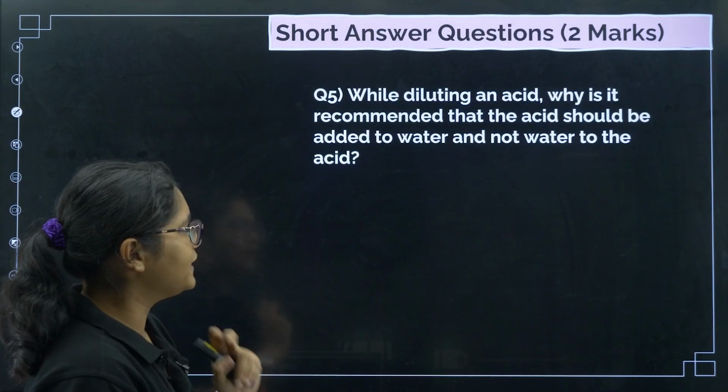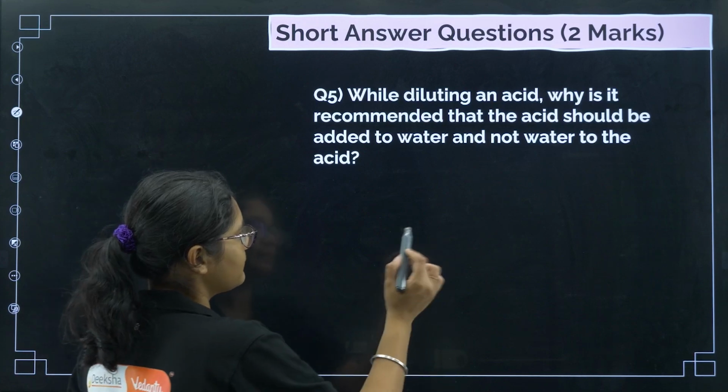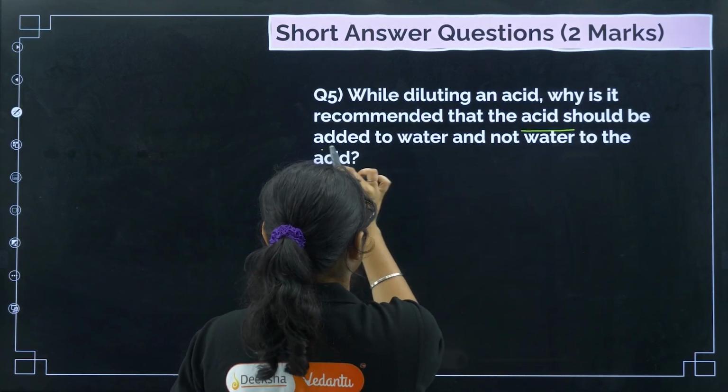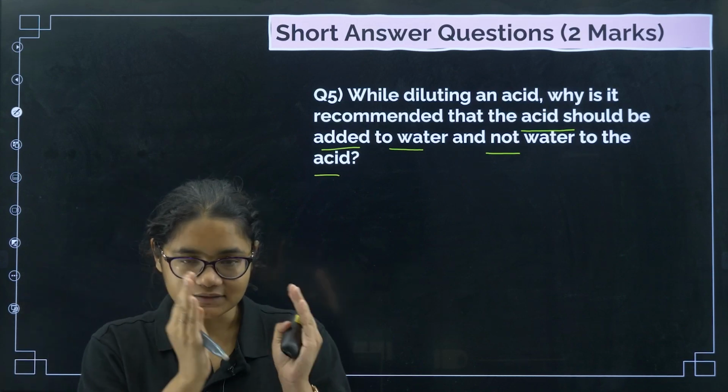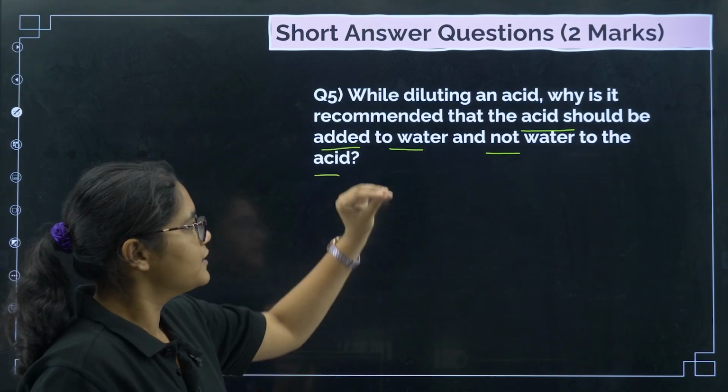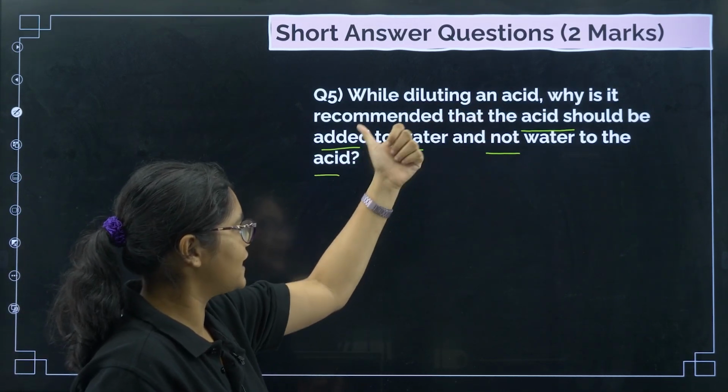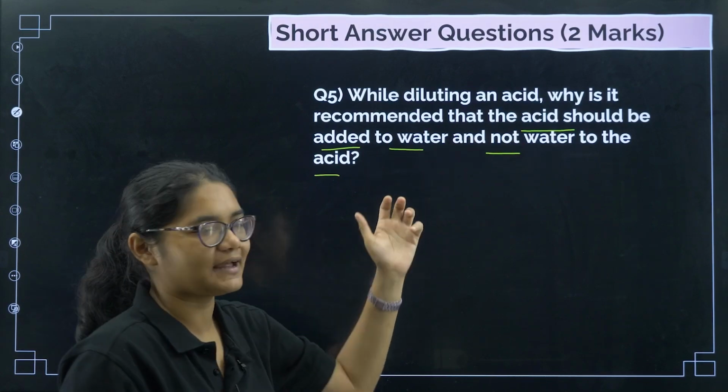Okay, next, while diluting an acid, why is it recommended that the acid should be added to water and not water to the acid? Okay, so here you have to answer it in 2 parts. You should answer what happens when acid is added to water, and what happens when water is added to acid.